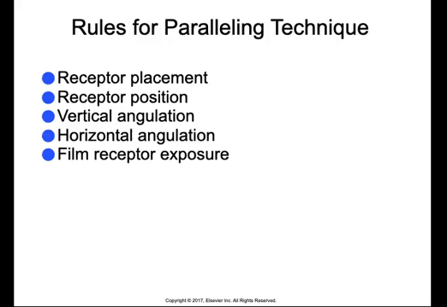In this case, it looks like the receptor was placed just a little left of the primary beam, and this one looks like they had the PID to the left of the receptor. So this results in a cutoff film. We can see we have a couple teeth in this picture, and then the rest of it is just a blank film where radiation did not expose that part of the image.